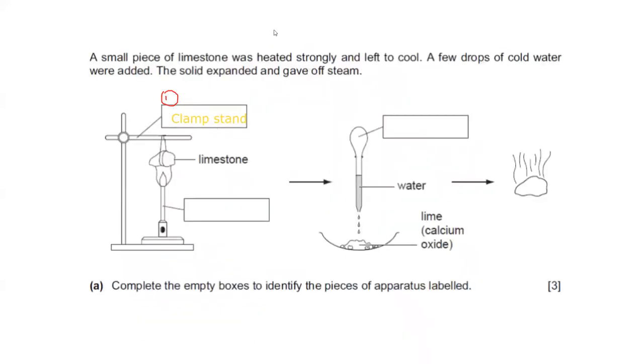Only stand is not the full answer, it should be clamp stand or stand with a clamp. What about 2? That's a Bunsen burner. So 2 is Bunsen burner, and the third one is the dropper.